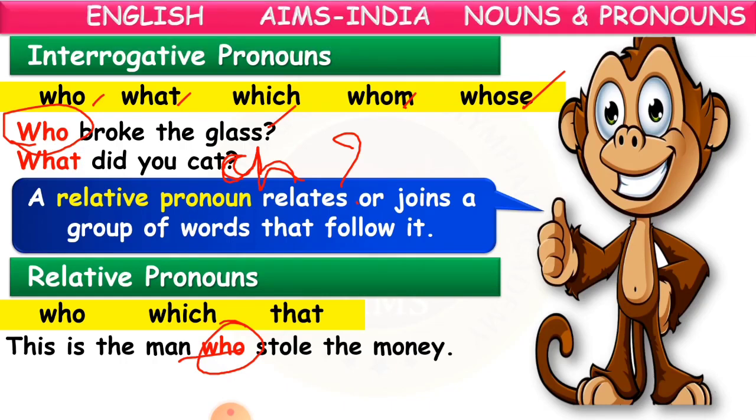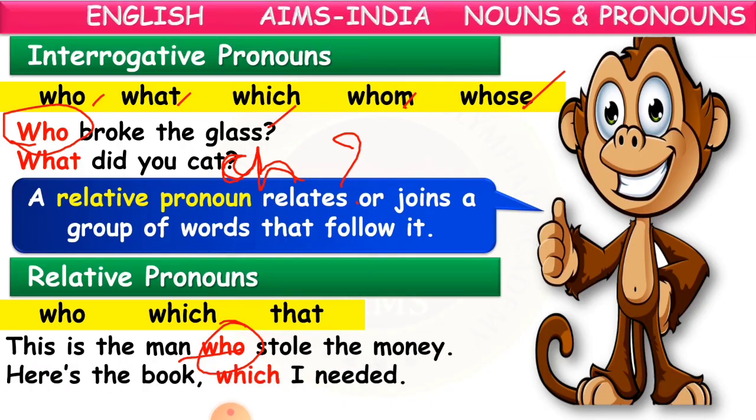We'll see another sentence just like that. Here's the book which I needed. So there is a book, and I need it. We want to join those words using a relative pronoun. What is it? It is which. So here you may ask, teacher, why is it who in the above sentence and which in this sentence?